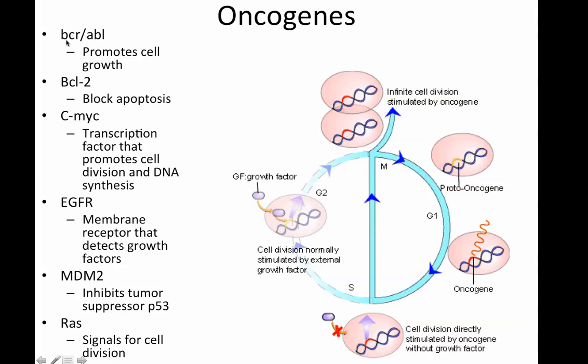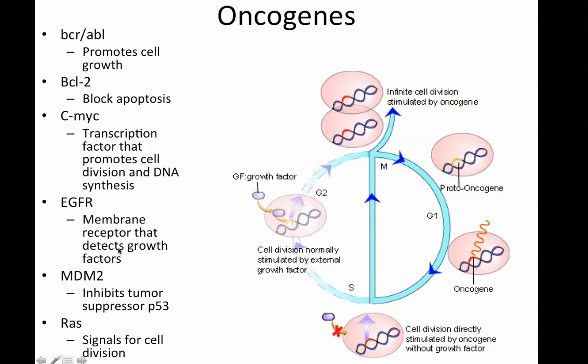If you look at the left-hand side here, I listed some oncogenes for you. These are their genetic names, the names of the genes, but you can see the types of oncogenes that you have. They promote cell growth. BCL2 blocks apoptosis. MYC is a transcription factor that's going to promote DNA synthesis. So if DNA is synthesized, that drives the cell then to divide.